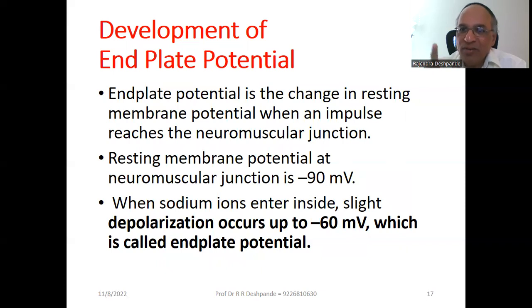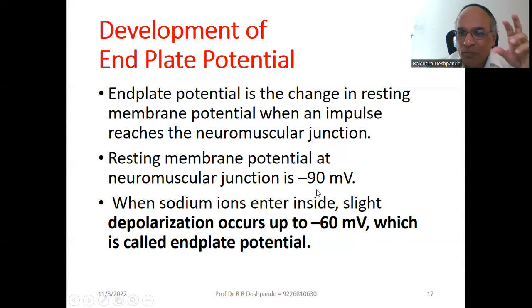When the sodium ions enter inside, slight depolarization occurs, a change of polarity. Previously in the RMP, there was positivity externally and negativity inside of the cell. But now it is changed: positivity inside, negativity outside. That is called depolarization. And the value is minus 60 millivolt, which is called the end plate potential.